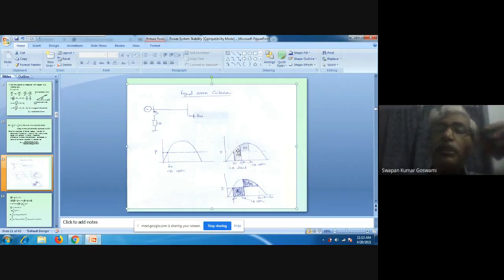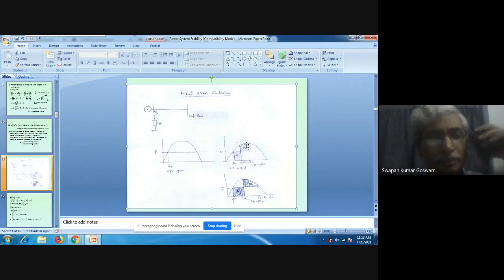We have assumed that here the synchronous speed is restored, but that is not a matter of assuming, because speed will be restored if and only if the extra energy inserted in the machine has been extracted. Okay, then only the synchronous speed will be restored.